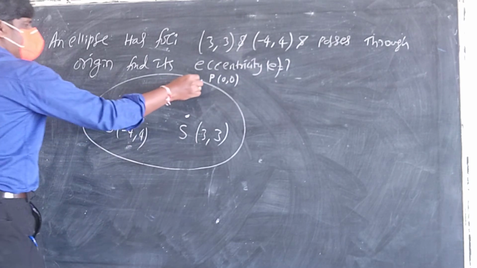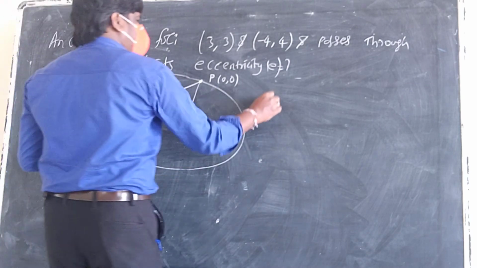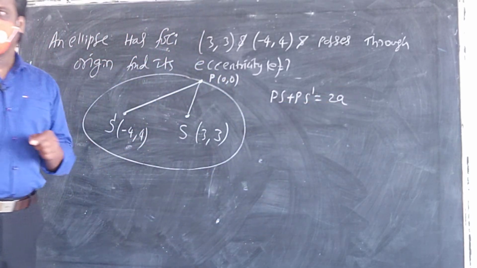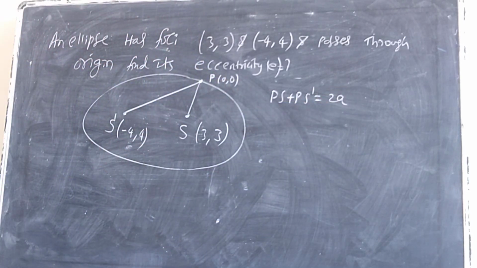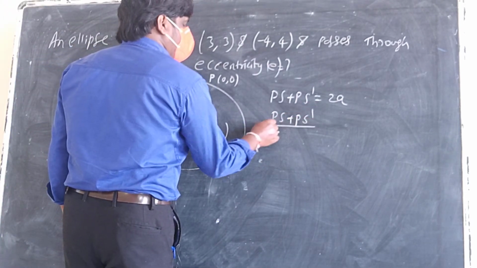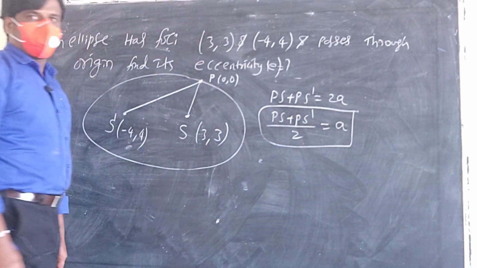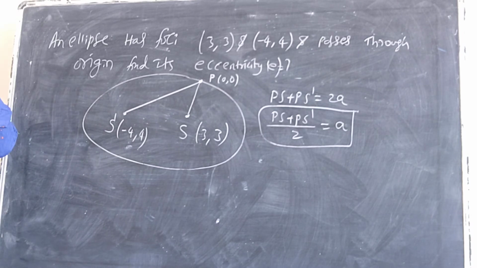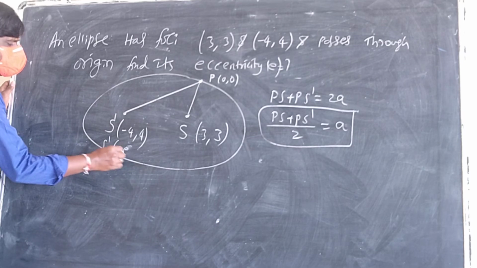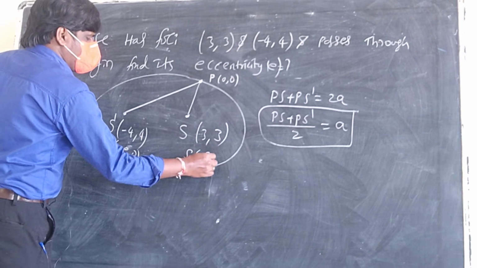I already explained this formula: PS plus PS dash is equal to 2A. So PS plus PS dash divided by 2 is equal to A. From this I am going to get A. Now you know that S dash is (-AE, 0) and S is (AE, 0).